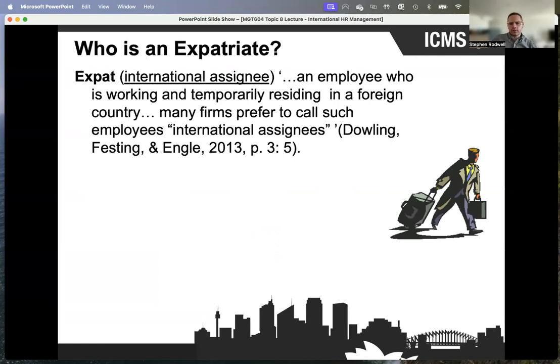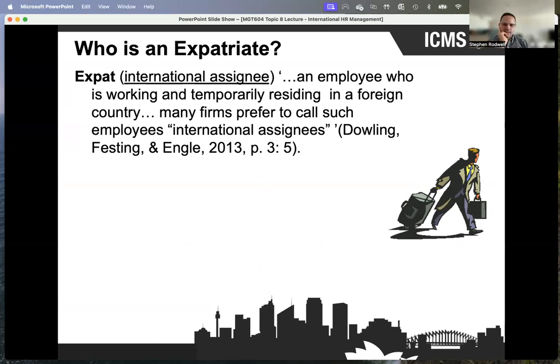There are slightly different, and actually governments of countries around the world have slightly different definitions of what makes an expatriate. Usually what we're talking about is an employee who's working on a temporary basis, residing in a foreign country. Many firms prefer to call such employees international assignees.